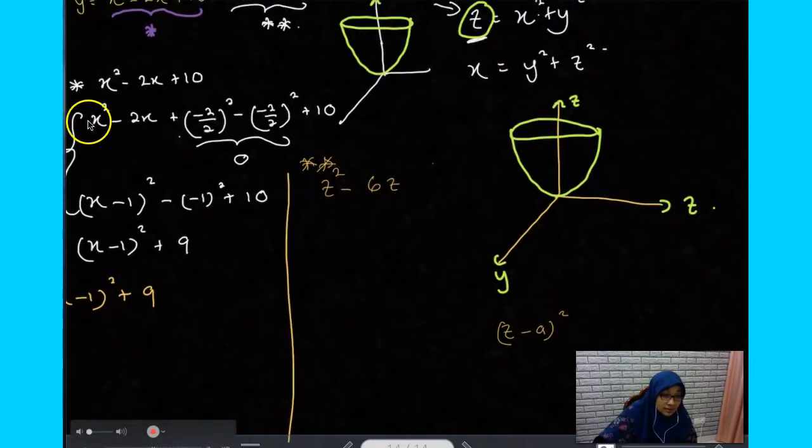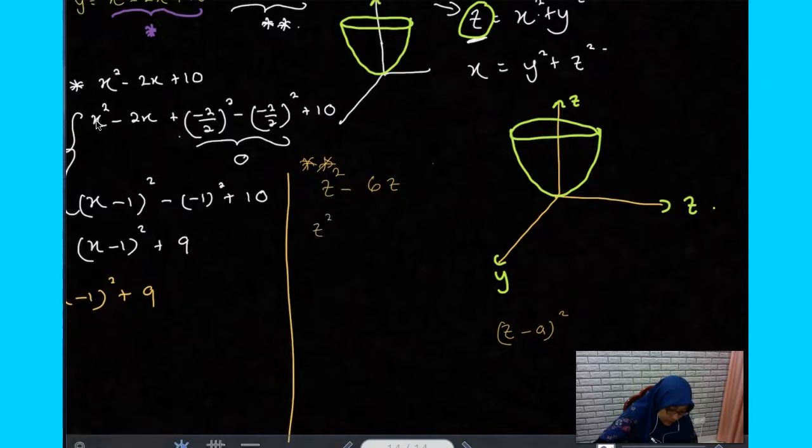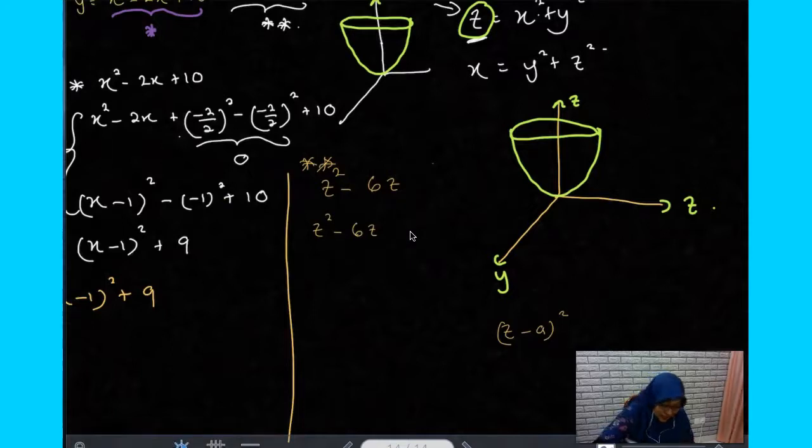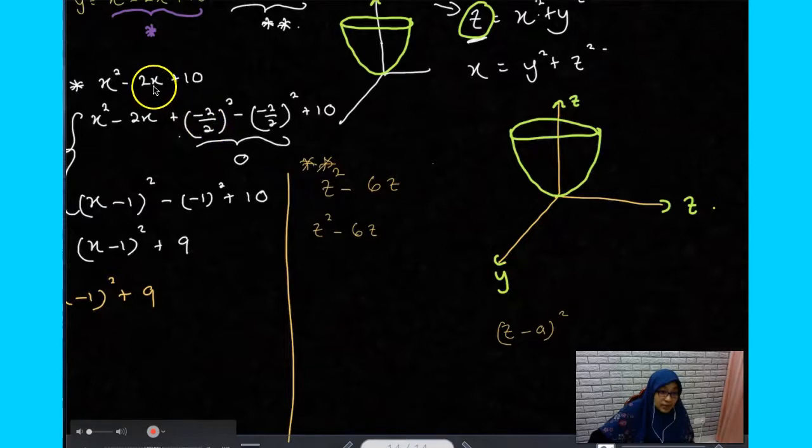This one, so you just copy the first term. I have z squared minus 6z. Okay, now I start to add the term, but the value of that term is 0, which means that with the similar technique that I use here, you just choose the constant of z here.